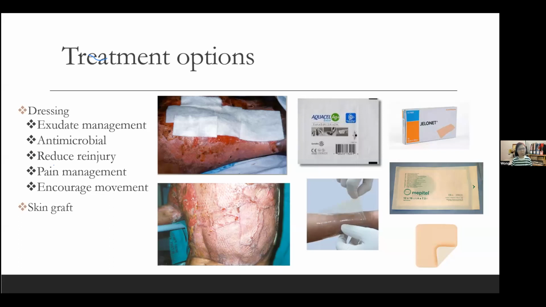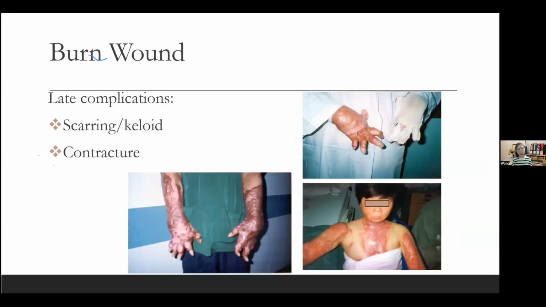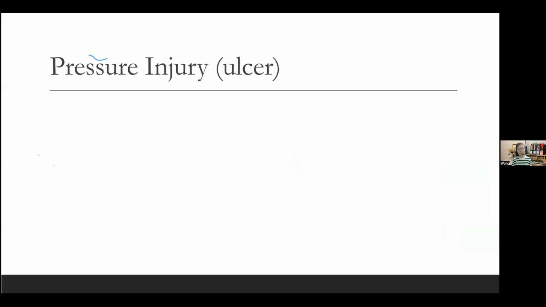And the dressing should encourage movement. Do not use something that restricts movement, because if the patient does not move a lot, they develop scars, keloid and all that, even sometimes contracture. The pictures here are of real patients having contractures.